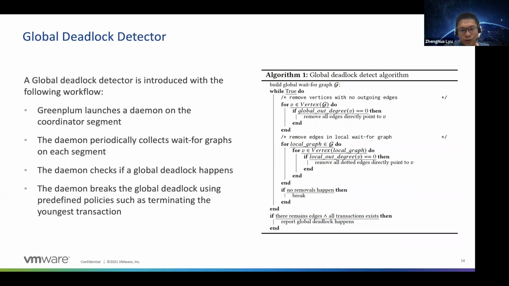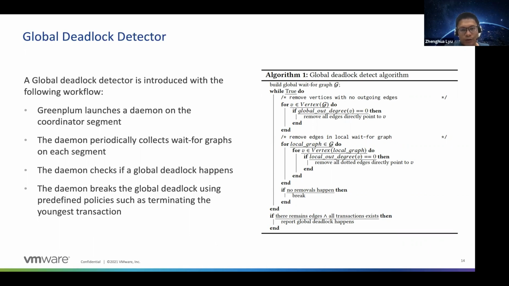Those dotted edges in the local graph can be removed, because by dotted edges, we know their lifetime does not depend on the transaction's lifetime. By the greedy rule, we can assume the resource held by the endpoint of the edge will be released right now. We keep removing edges.